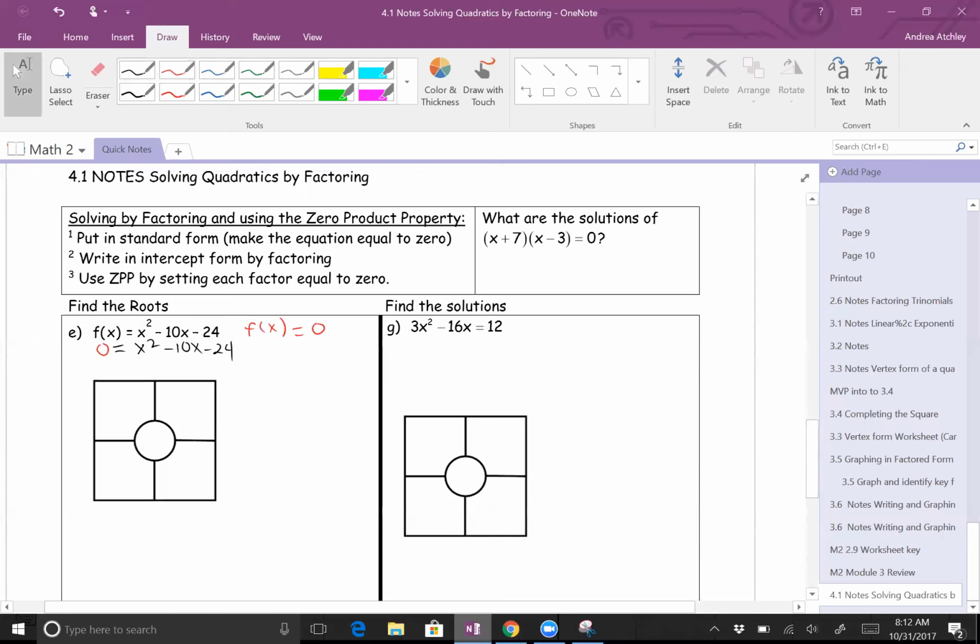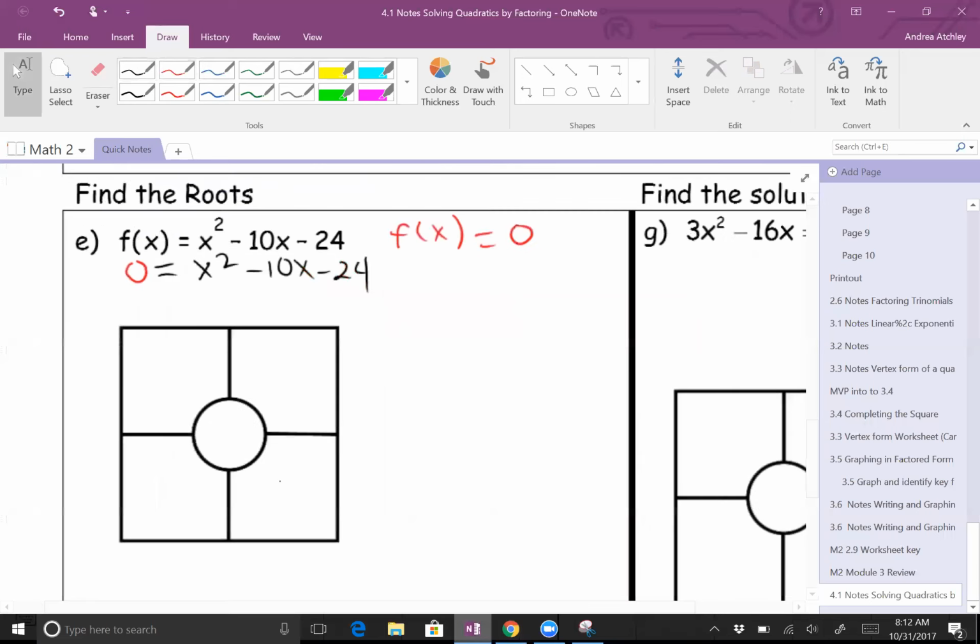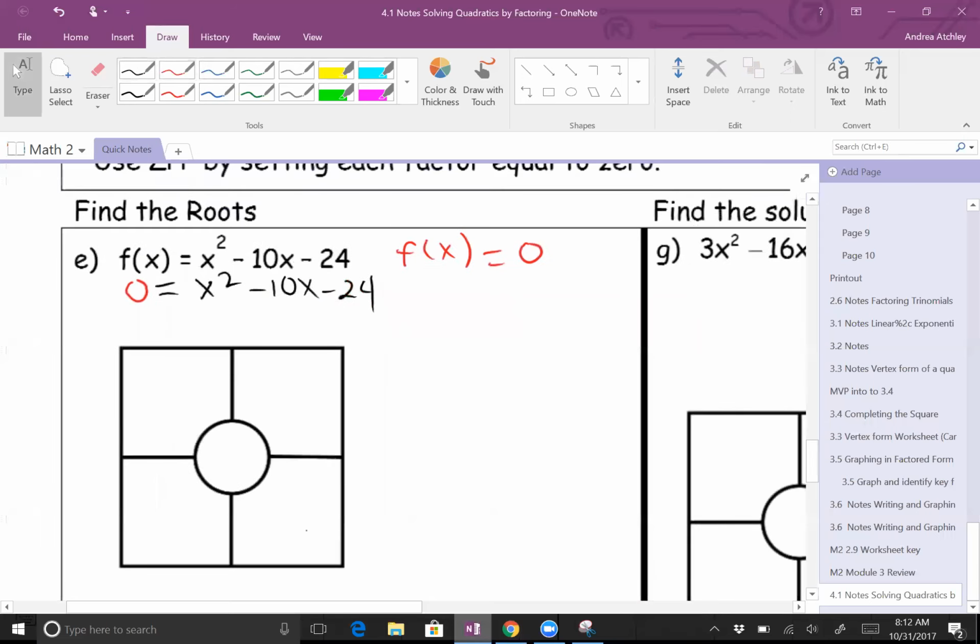Then we're going to factor. So I use the box. Okay, Sarah, what multiplies the x squared?